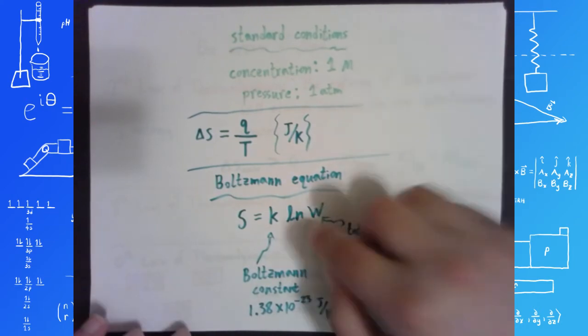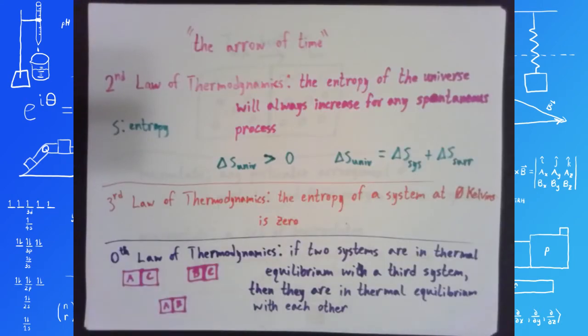One thing though, this ties into the third law of thermodynamics. The entropy of a system at 0 kelvins is 0. Why? Because at 0 kelvins, there's literally no energy, so a system of particles cannot move. They cannot change their positions, and there's no energy that moves between particles either, so there is no change in configurations.